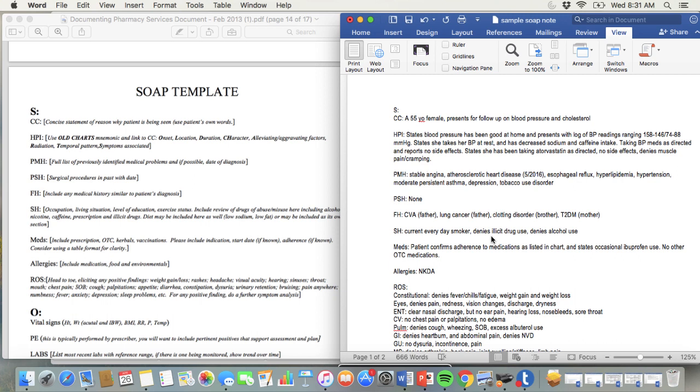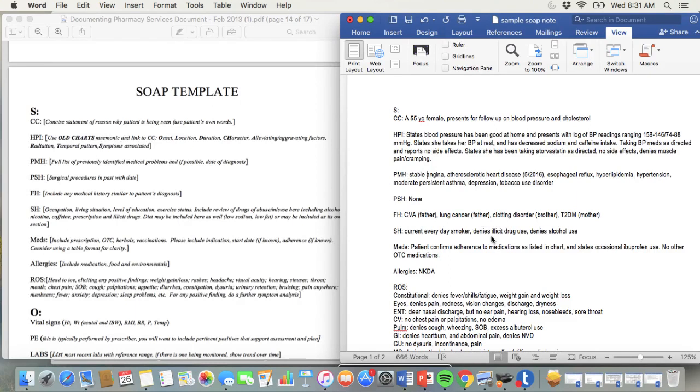But knowing that you are a pharmacist interviewing a patient and writing it up in your SOAP note, you probably have asked the patient about medications, and you may have found out things about adherence, how they take the medications, when they take them, any discrepancies, any over-the-counter medications, herbals, that kind of thing.